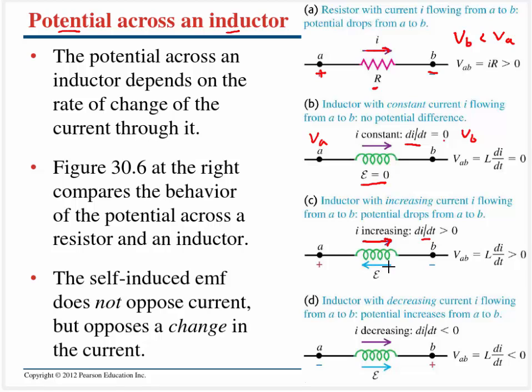What that means is if the current is increasing, we're going to get some back EMF pointing in that direction because it's going to oppose the change, and so we're going to end up with the voltage at A being larger than the voltage at B. Similarly, if we have some current flowing through an inductor and it's suddenly decreasing, the inductor is not going to like that very much, and so it's going to have this back EMF flowing in that direction, and we can see that the voltage at B is now going to be larger than the voltage at A. Keep in mind that this induced EMF isn't going to oppose the current, but it's going to oppose a change in the current.